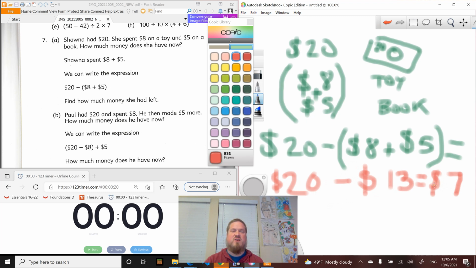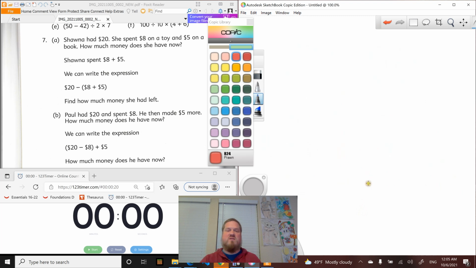So Shauna had $7 left. So when it's in parentheses, you have to do it first before you do the outside equation. All right, let us move on to problem 7b. It's going to show that if you do the subtraction and the addition in a different order, you get a different answer. That's why it's important to respect the parentheses.